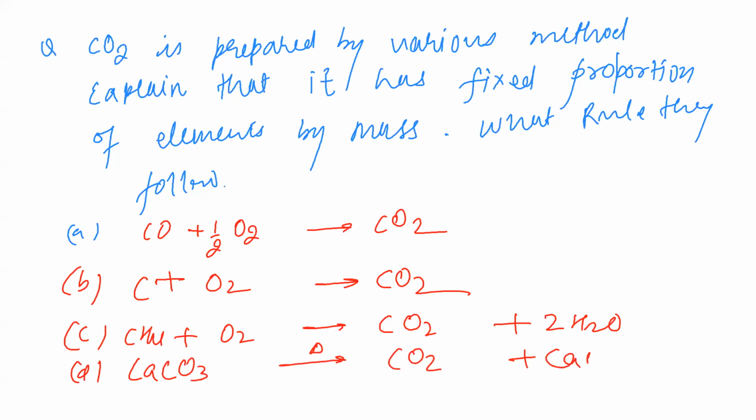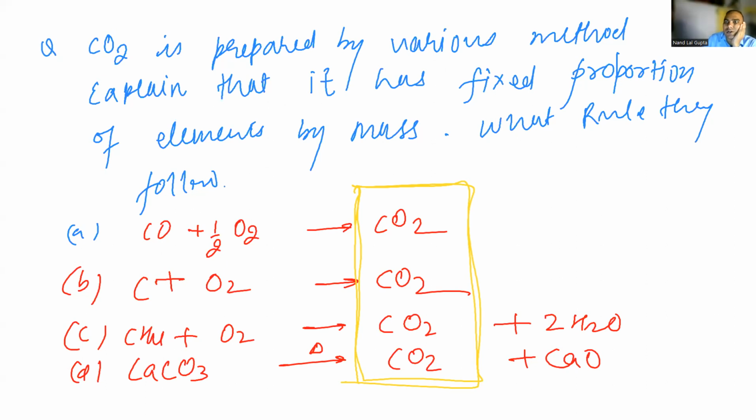They are not talking about the other elements. They are asking about this particular compound. Which rule is being followed? They are asking whether they have a fixed ratio by mass or not. And if they have a fixed ratio by mass, what is the rule they are following and what is the ratio? Tell me.